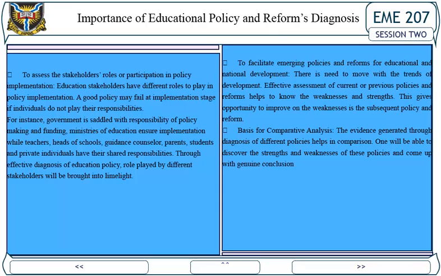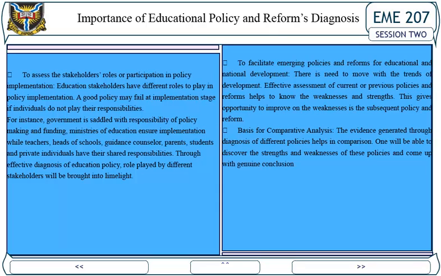To assess the stakeholders' roles of participation in policy implementation: education stakeholders have different roles to play in policy implementation. A good policy may fail at the implementation stage if individuals do not play their responsibilities. For instance, government is saddled with the responsibility of policy making and funding.